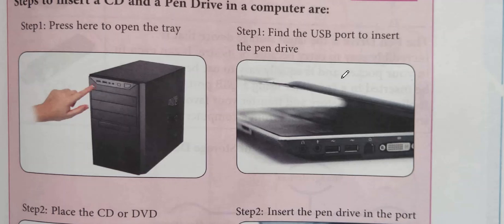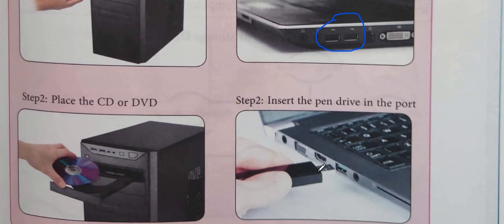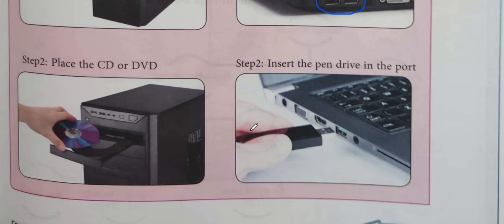If you have a laptop, then here you can see that these are the two USB ports. A USB port is basically a kind of a hole where we can easily insert our pen drive. Then we plug our pen drive into these USB ports, and then we can easily move the files from the pen drive to the computer or from the computer to the pen drive.